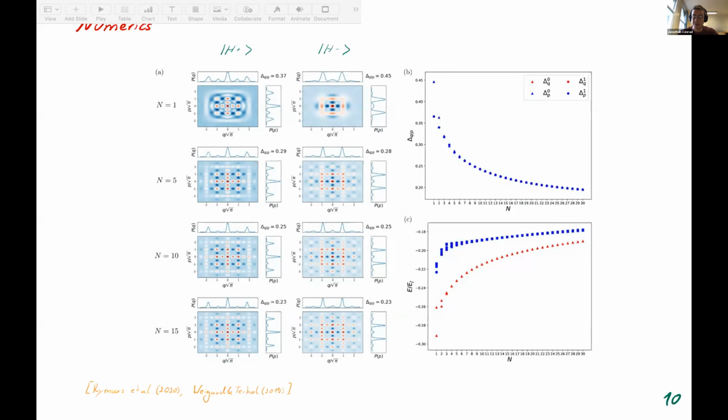I should note that a similar, I mean, not this implementation, but this driving-induced GKP Hamiltonian has also been investigated independently numerically in a paper by Liang et al., where they do see the peak structure emerging.